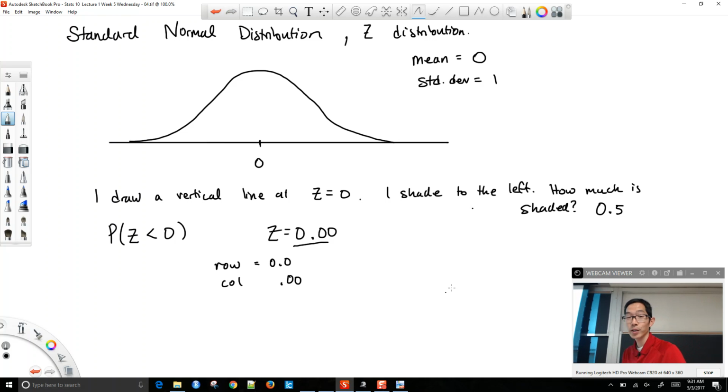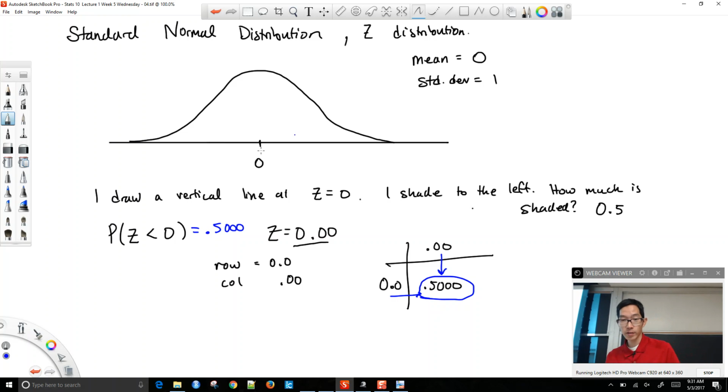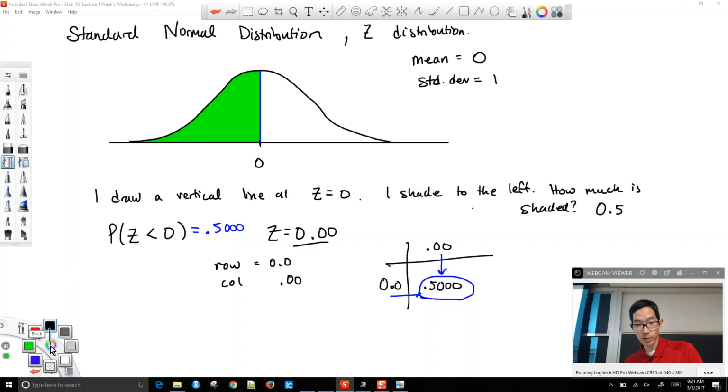The number there is 0.5000. We just look at the intersection of these two things. Therefore my area is 0.5000, or just 0.5. If I draw a vertical line at 0 and shade everything to the left, the amount I have shaded is 0.5.